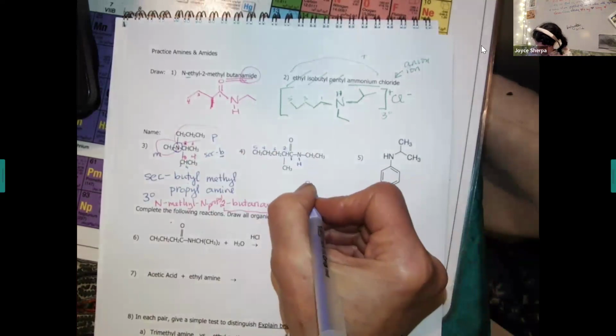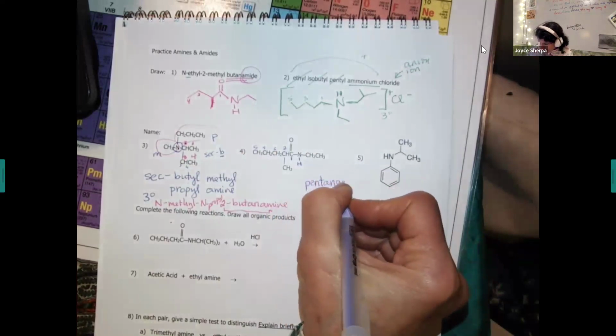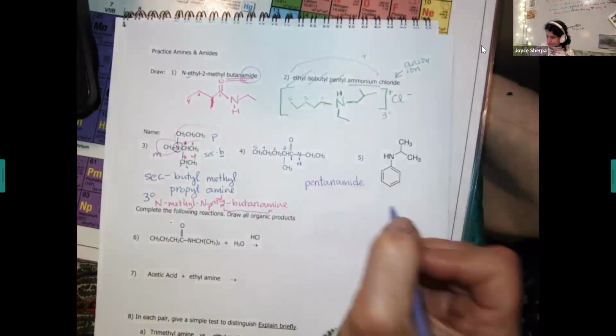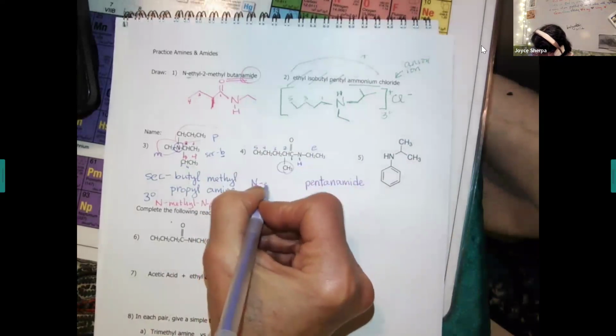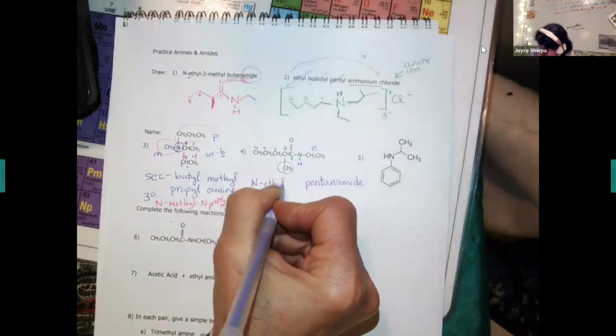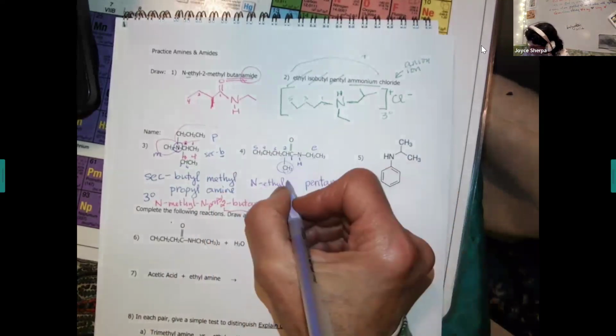So it's pentane. We drop the E and we put on amide. And this is an ethyl group and this is a methyl group. So the ethyl goes first and it's on the nitrogen. So N-ethyl. And then the methyl is on carbon 2.